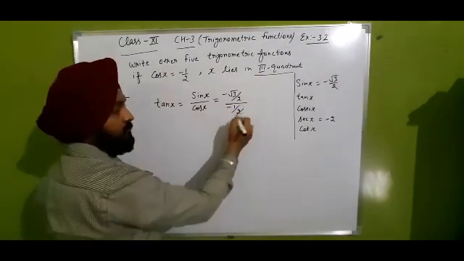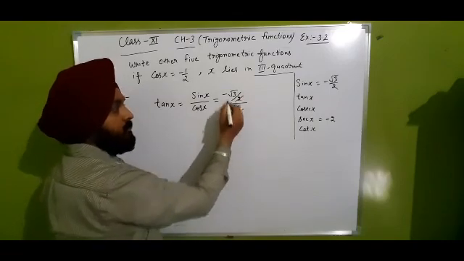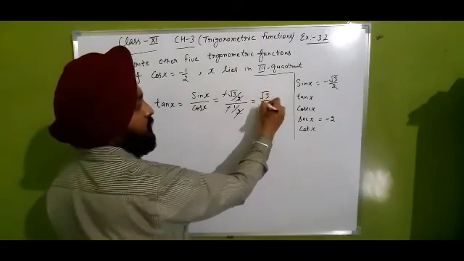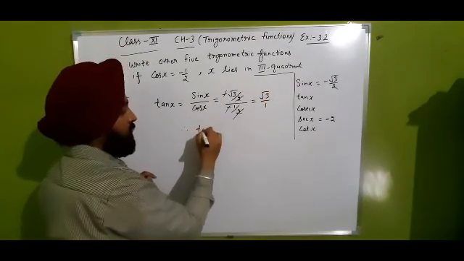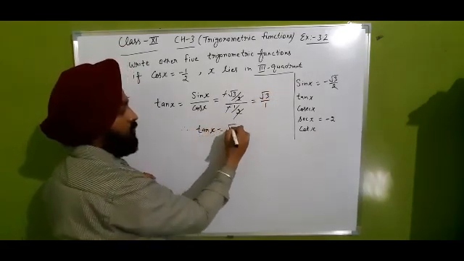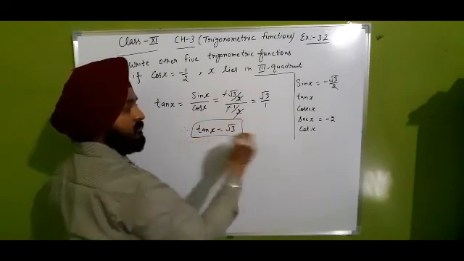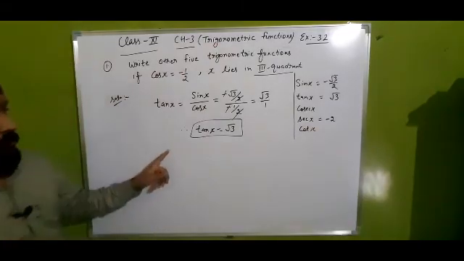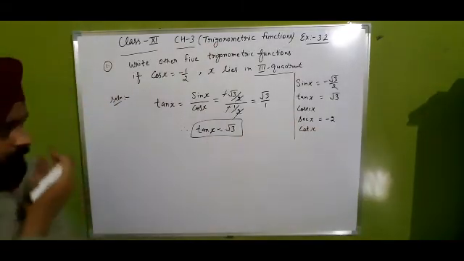So we can cancel the denominators of both terms. Negative also cancels with the negative term. What is left? Square root 3 upon 1. So tan x is equal to only square root 3. So write this value there, square root 3. Clear? Now for the next value, cosecant x.